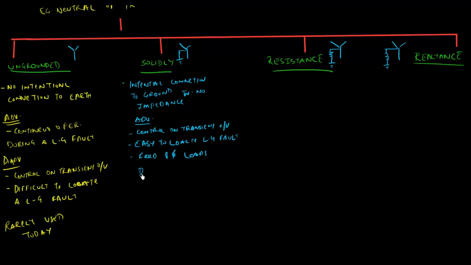The disadvantages, on the other hand, are that the line to ground fault currents are very high. They can be 10 to 20k amps depending on the system that you have.